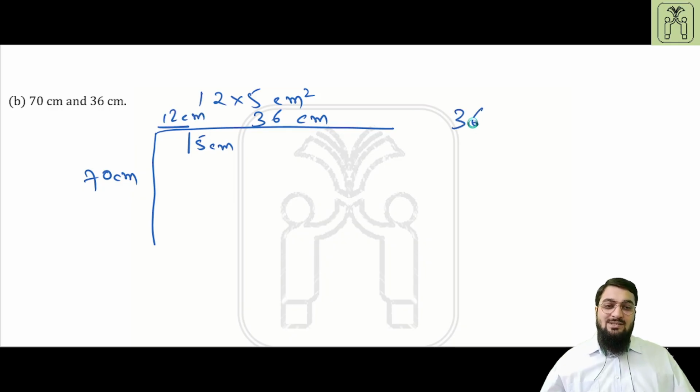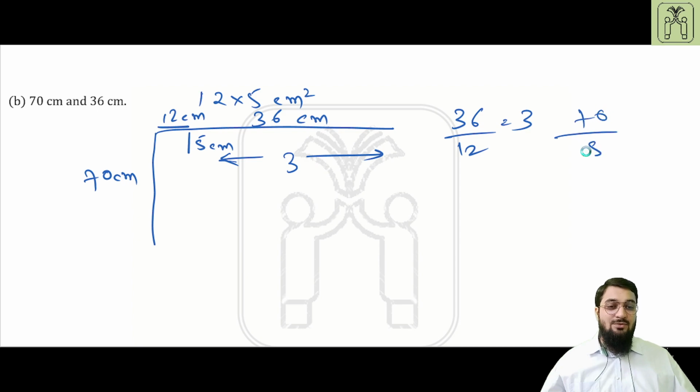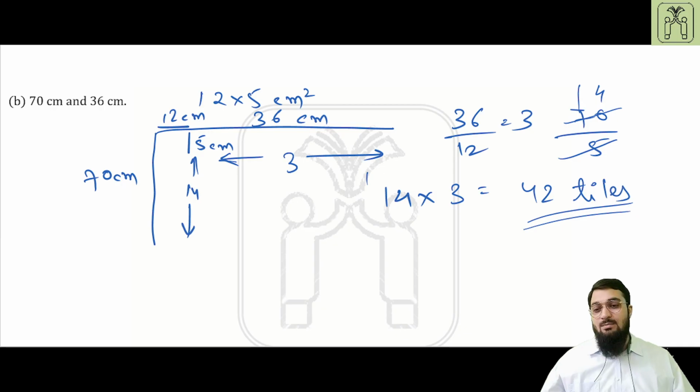So 36 divided by 12 will give you 3, so the total number of tiles in this direction will be 3, and 70 divided by 5 will give you the answer of 14, and 14 number of tiles will be in this direction. So number of tiles will be 14 into 3, that is 4 3s are 12, 1 3 is 3 plus 1 is 4. 42 tiles will be required for this part B.